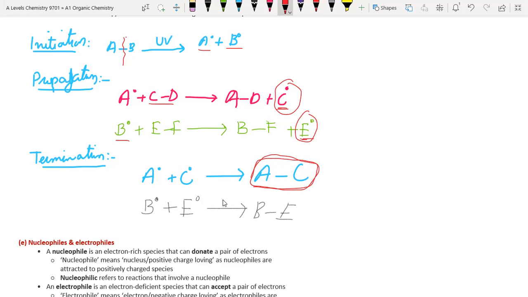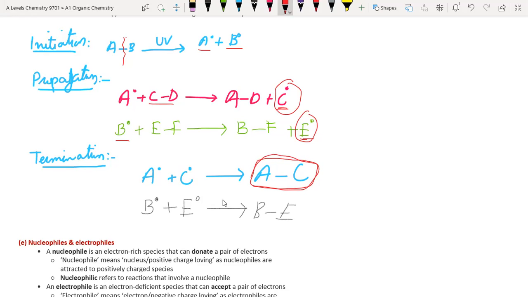Every free radical formed in initiation takes part in a new reaction with a new neutral molecule, forming a new compound and a free radical. In the third step, when two free radicals combine, they form a neutral molecule and no further free radical is produced.